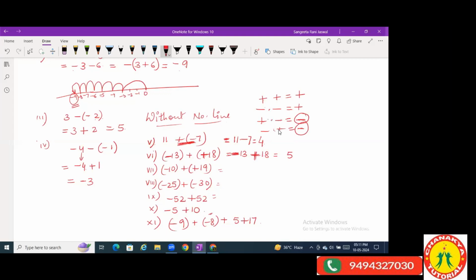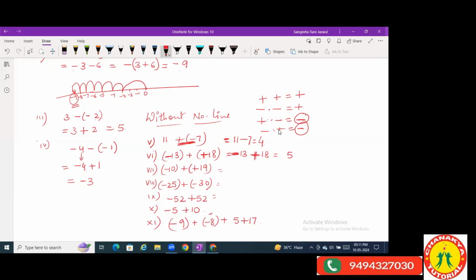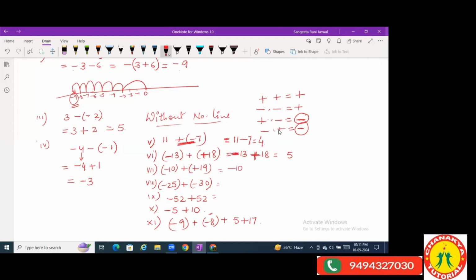Now tell me, Neha, what is the answer for this? Ma'am, the third one. Yes, the third one. Ma'am, as there are two different signs, we'll do subtraction. First, we bring down minus 10 as it is. Very good.